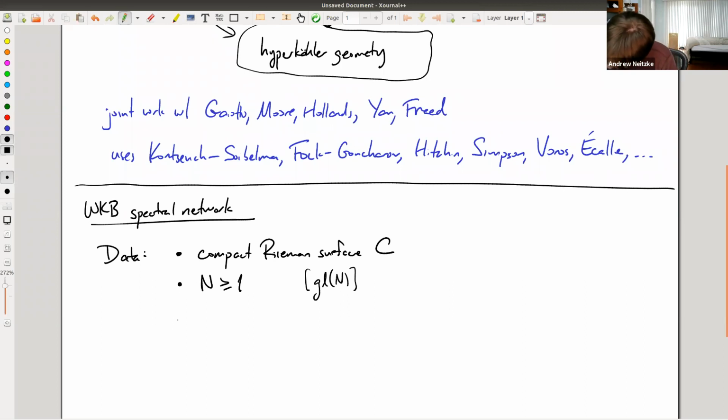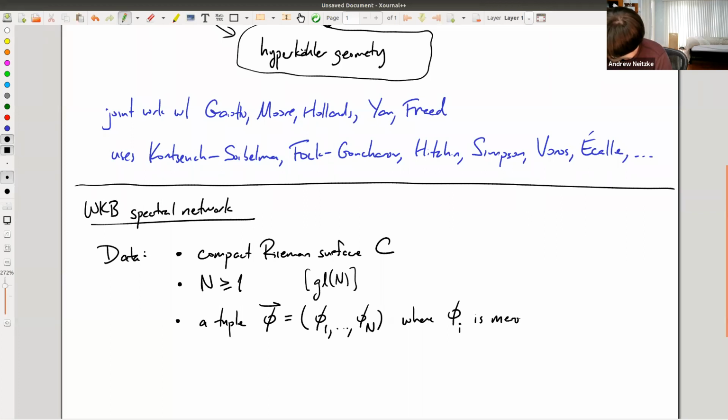And then the last datum is a tuple, phi vector. So it's a bunch of objects on the Riemann surface, phi 1 up to phi n, where phi i is a meromorphic section of the canonical bundle to the ith power.